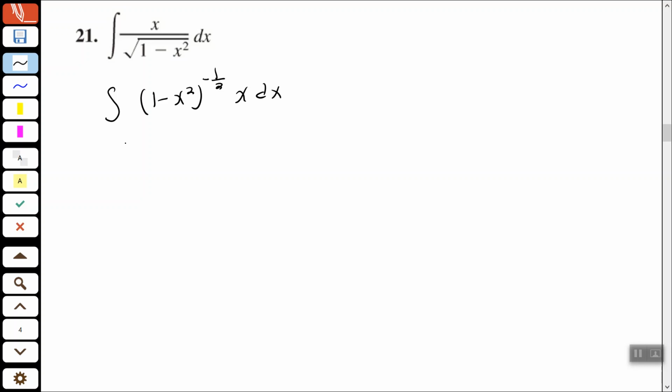Okay, so let's let u equal 1 minus x squared. So if u equals 1 minus x squared, keeping in mind that we want some form of du to equal x dx, then du equals negative 2x dx. But we only want x dx, so we need to divide both sides by negative 2.